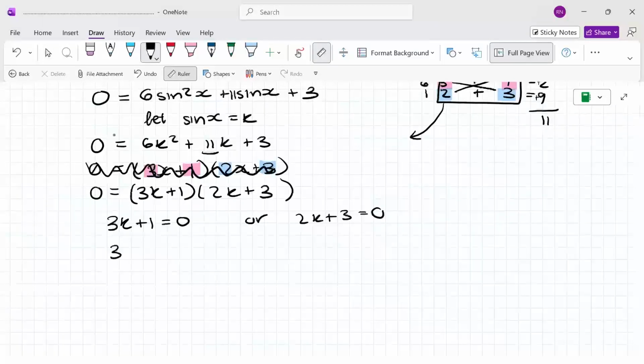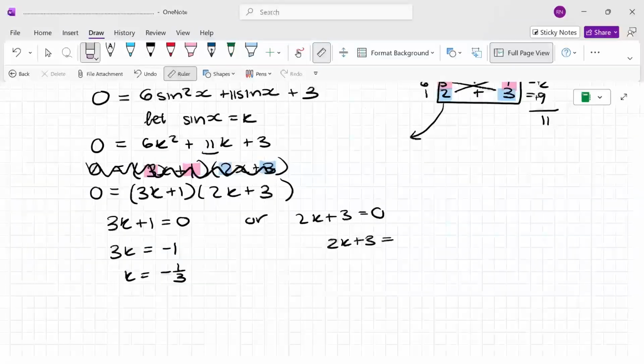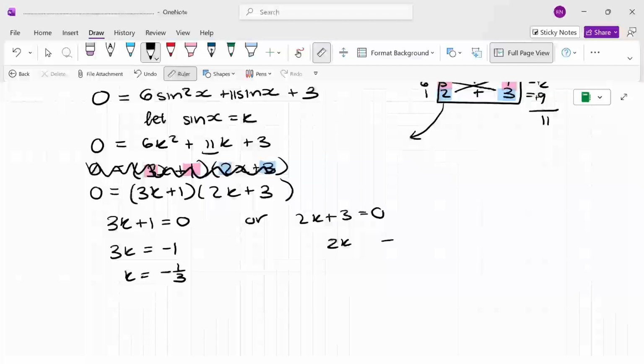And so 3k is equal to minus 1, and so k is equal to negative 1 over 3, or 2k is equal to minus 3, and k is equal to minus 3 over 2.